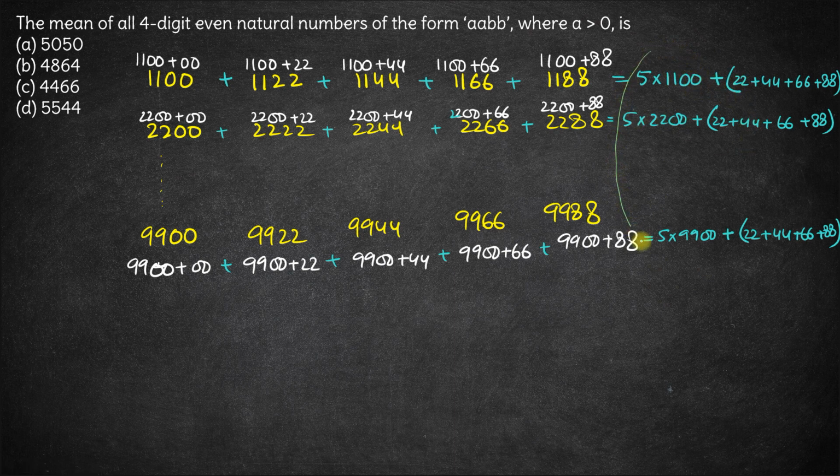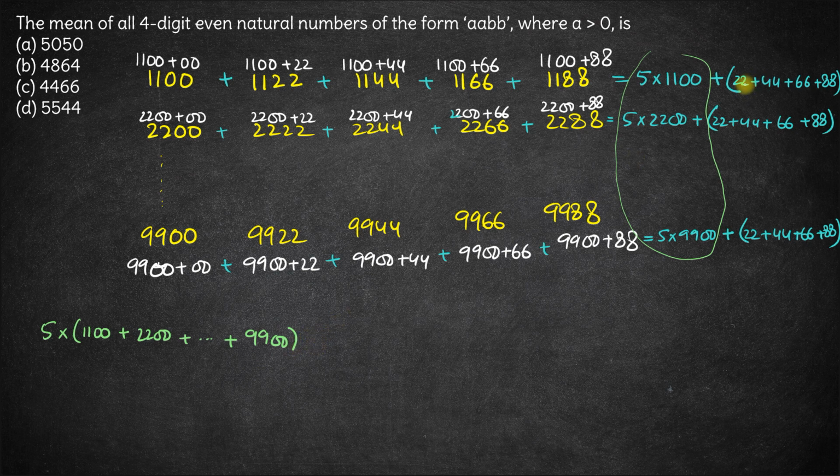So if you add all these numbers, this is effectively 5 times 1100 plus 2200 and so on. So 5 times 1100 plus 2200 plus 3300 plus 4400 so on till 9900. Okay.